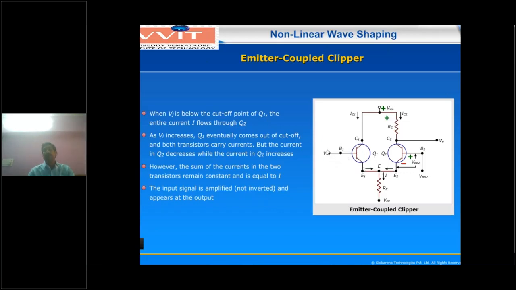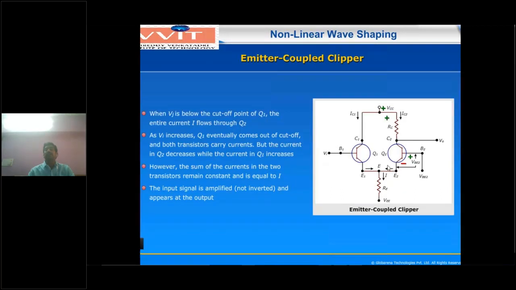Now, whenever the input voltage is greater than V gamma, transistor Q1 goes to the active region. Let us say IE1 equals 3 milliamperes. Then IE2 automatically decreases to 7 milliamperes. So the total current IE1 plus IE2 is constant, equal to 10 milliamperes, passing through RE.